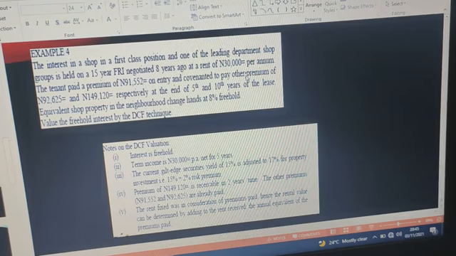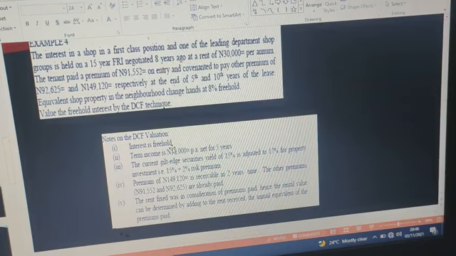The tenant paid a premium of N91,552 equals on entry and covenanted to pay other premiums of N92,625 equals and N149,120 equals respectively at the end of the 5th and 10th years of the lease. Equivalent shop property in the neighborhood changes hands at 8% freehold. Value the freehold interest by the DCF technique.